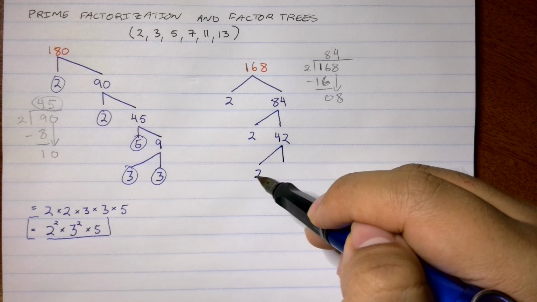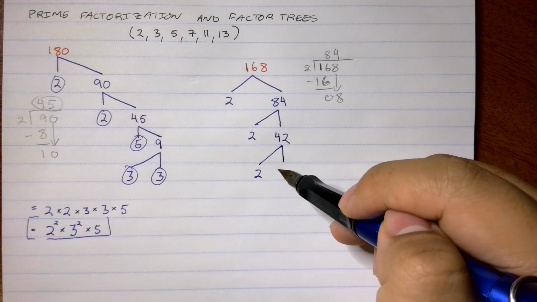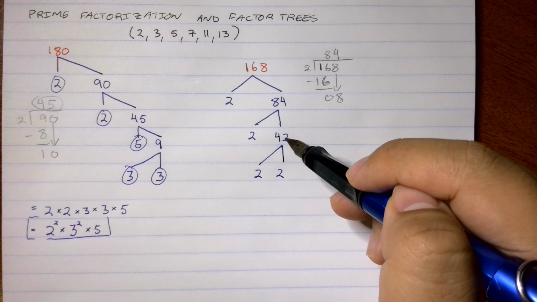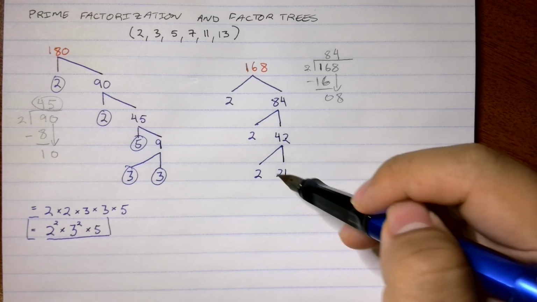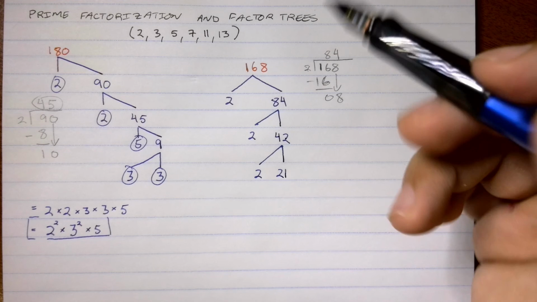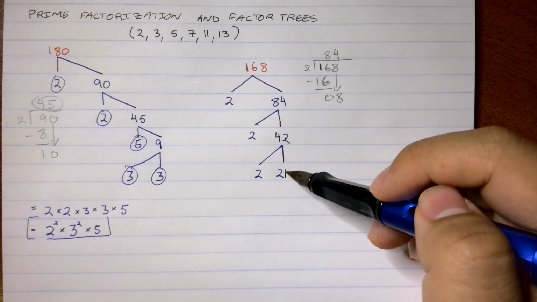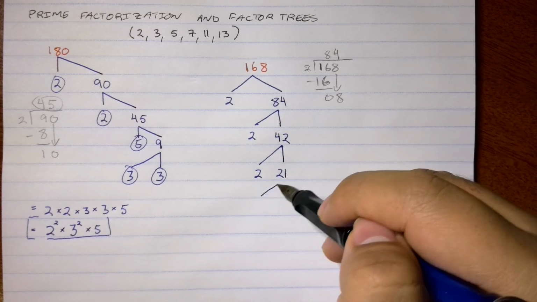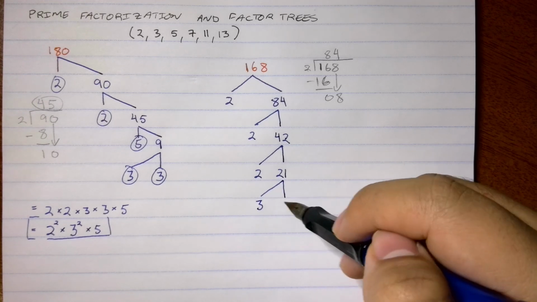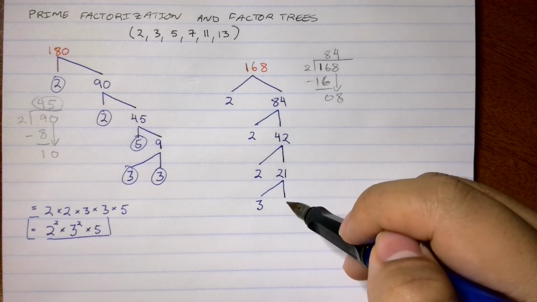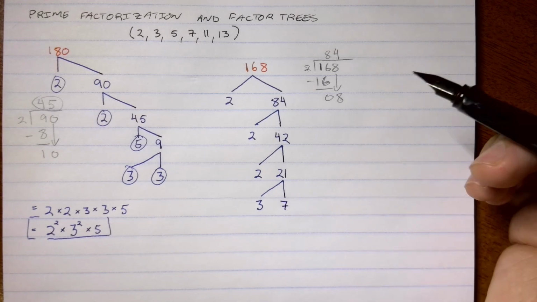Let's divide this again by the number 2. 4 divided by 2 is 2. 2 divided by 2 is 1. 21 is no longer divisible by 2. Let's test the number 3. 3 times what gets me to 21? Well, I know 3 times 7 is equal to 21.